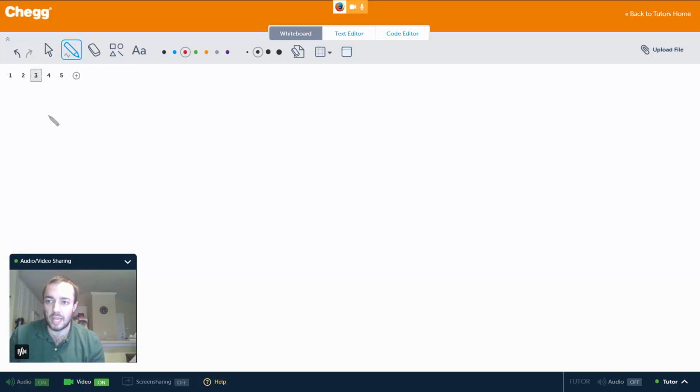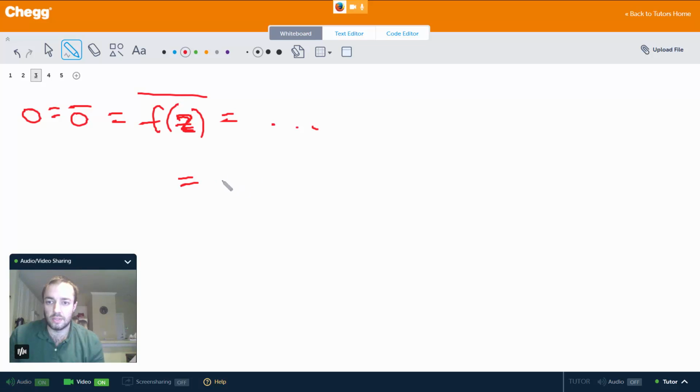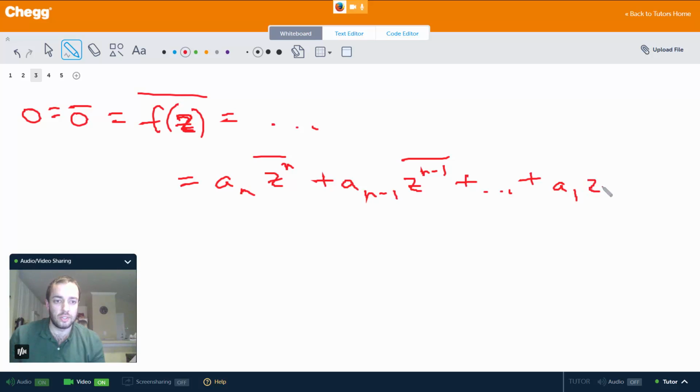So just to recap what we have so far, we have 0 equals 0 bar equals f of z bar on the whole thing equals some other stuff in between, and we left off with a sub n z to the n bar plus a sub n minus 1 z to the n minus 1 bar plus dot dot dot plus a sub 1 times z bar plus a sub 0.